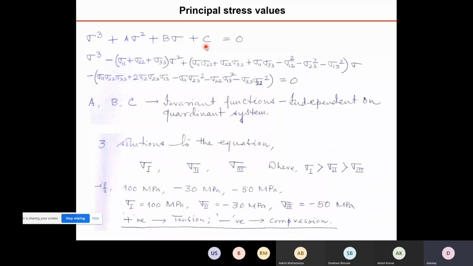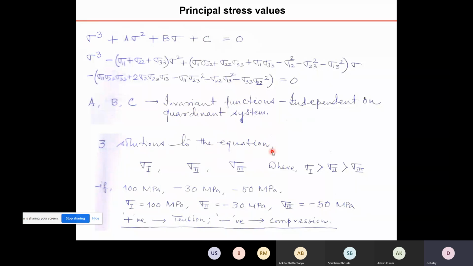It may be 3 other mutually perpendicular directions. But whatever way you consider your coordinates, more specifically Cartesian coordinates, you will find the A, B, C values will be the same. That's why they are called invariants, independent of the coordinate system. Now, if someone solves these 3 expressions, 3 solutions can be obtained.